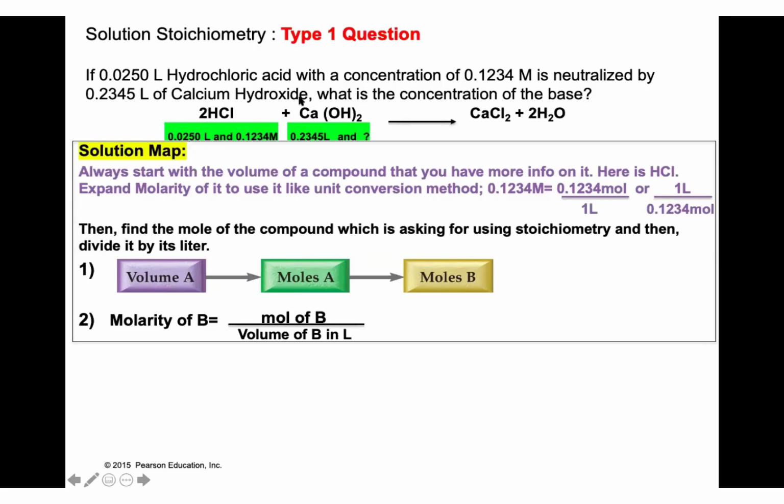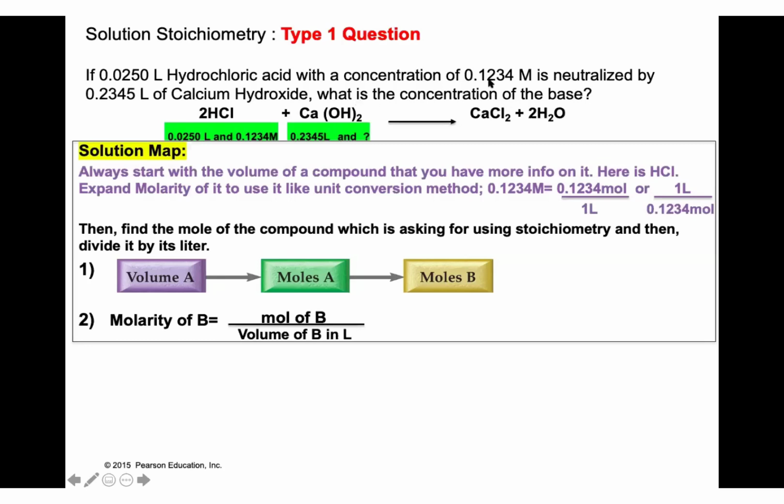If we read the question. So read the question, guys, several times. And they also gave me the liter of Ca(OH)2, but I asked for the molarity of the Ca(OH)2. This is basically the abbreviation. I recommend you do that.